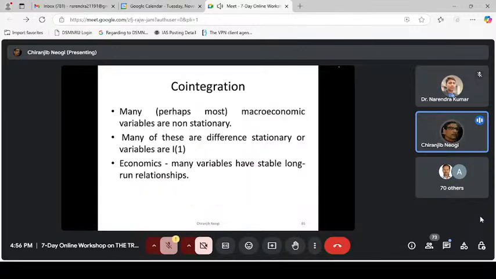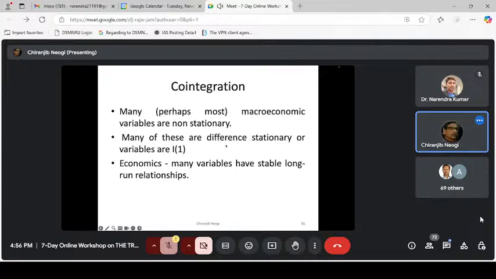Now there is another important thing in time series, which is co-integration. Generally, if two series are co-integrated, then we can use those series for checking the long-term relationship between them. Macroeconomic variables are non-stationary.